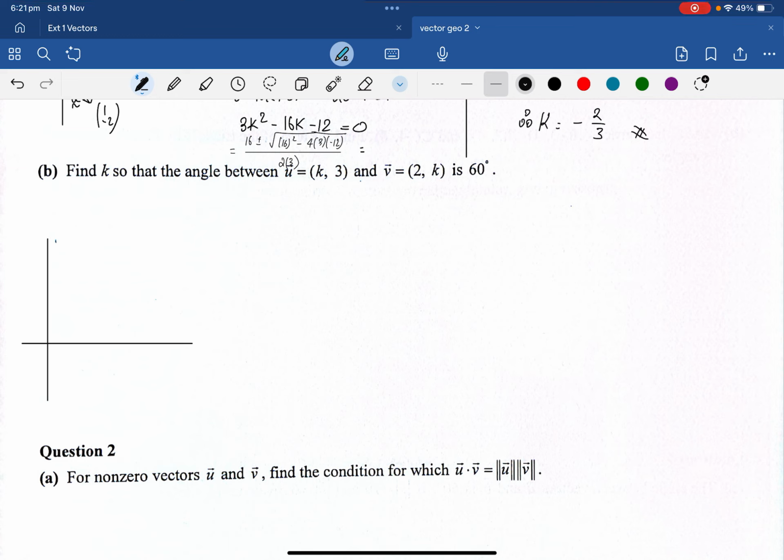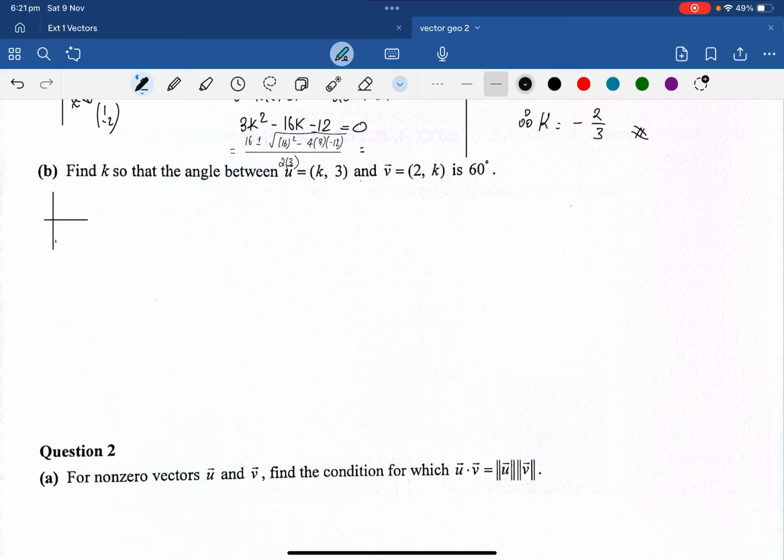u is equal to k, this is equal to 2k. Okay, what I understand now is that the vector diagram is actually not going to help you because we have two unknowns. We actually do not know where it is. If you want, you can just draw it in for reference. Okay, so k can be positive or negative.